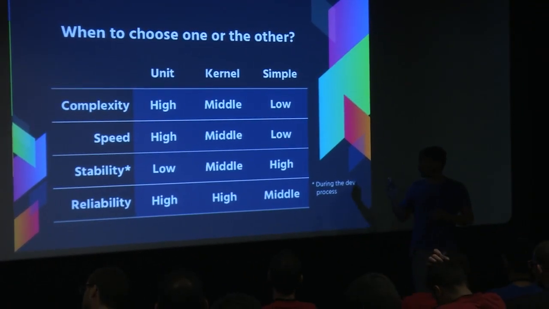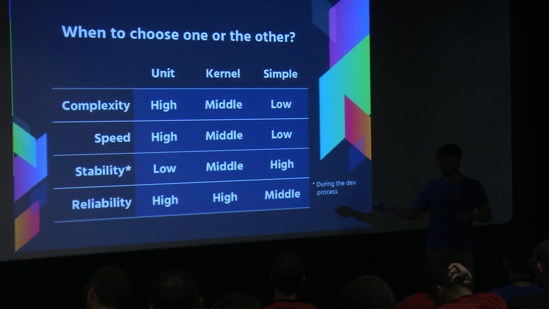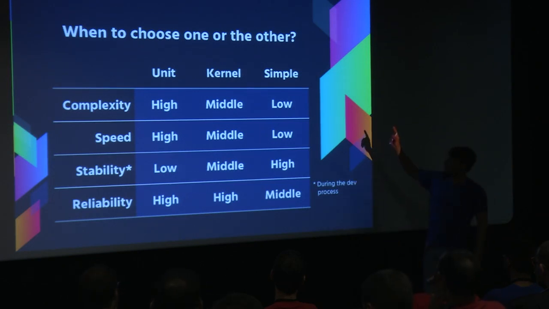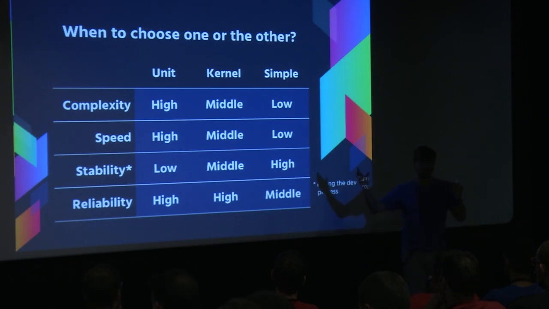But the important one for me is the reliability. The reliability means how much you can trust your test, right? Because with the simple test, since there are many things that happen and you only control the input and the output, you may get some false positives in the middle.